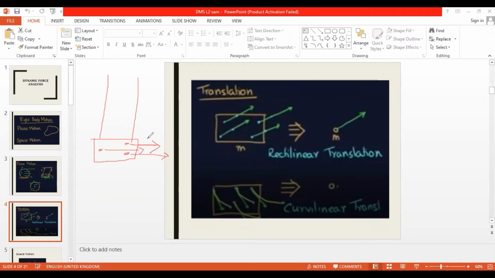So after a certain time, our object would be in this plane. This would be the new position after some time. Each particle here would have moved to a new position. This particle will move to this position, this particle will move to this position, and this particle will move to this position.